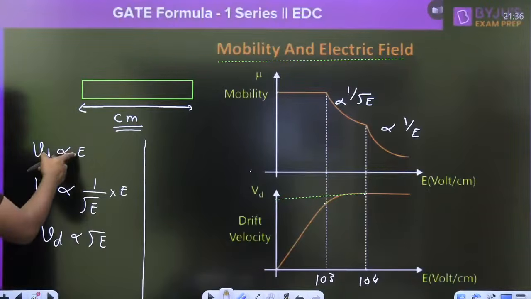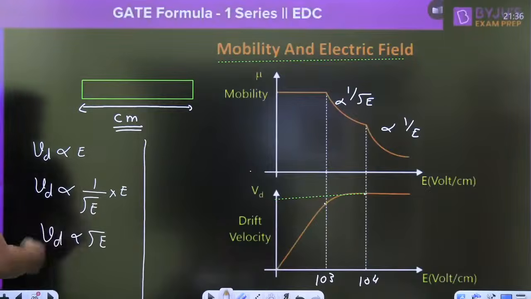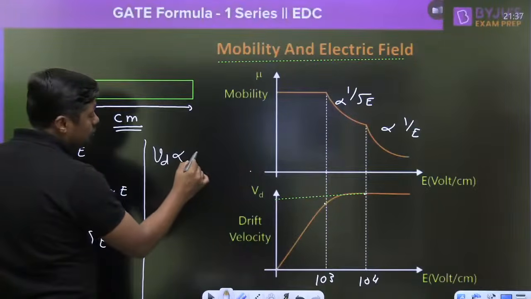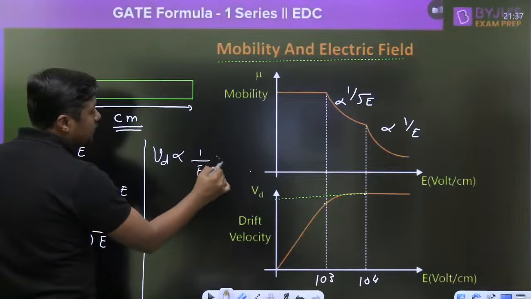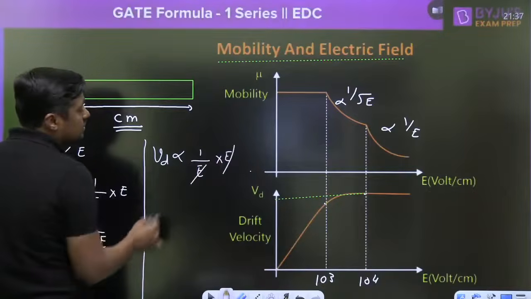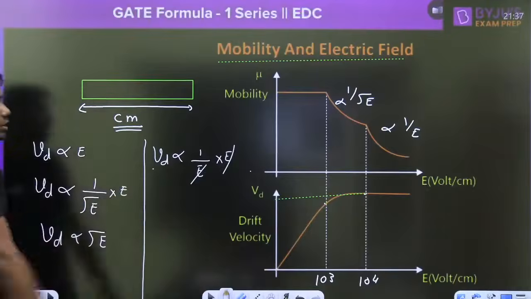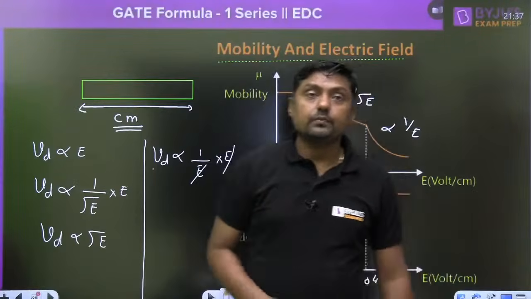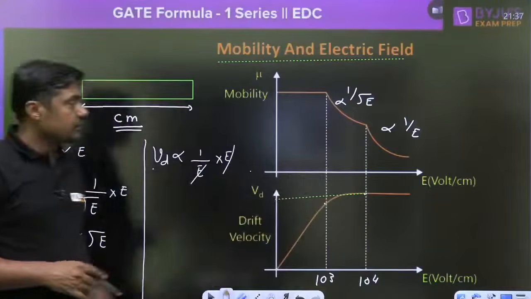So here it increases linearly, here it increases sublinearly. And third, mu is proportional to 1 by E, and into E, so E cancels. It is constant. It is independent of electric field.